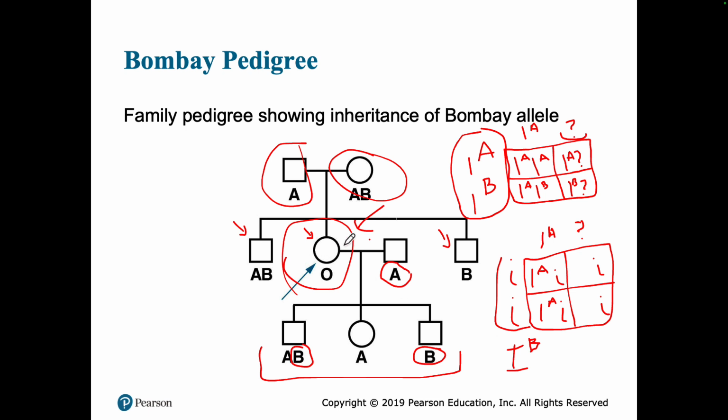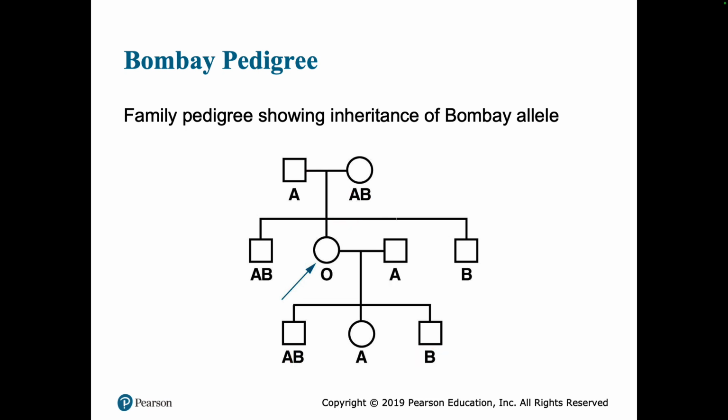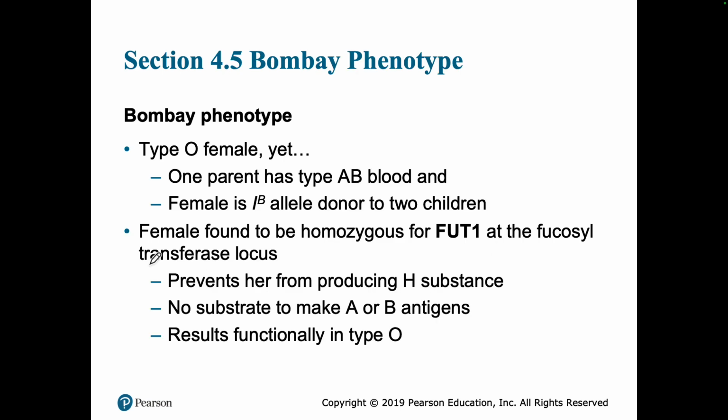But why does she look like she's type O? Why are we seeing this? Well, the answer is on the previous slide. When they looked more deeply at this woman's genetics, they found that she had a mutation at a gene called fucosyltransferase, FUT1.